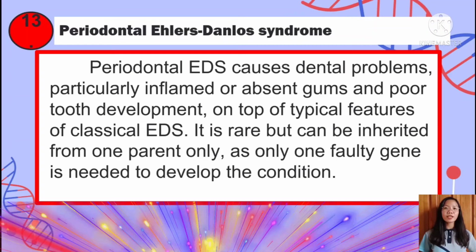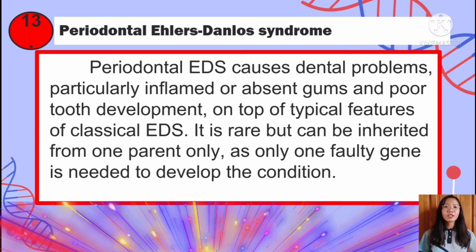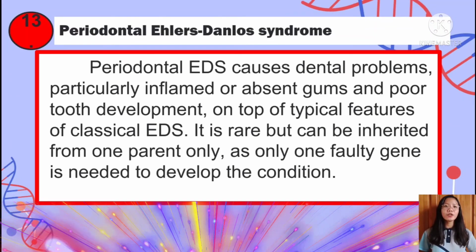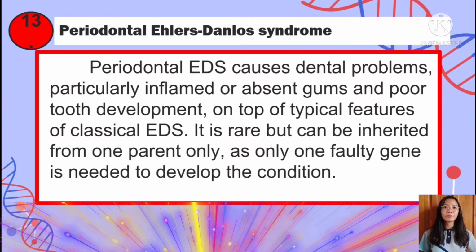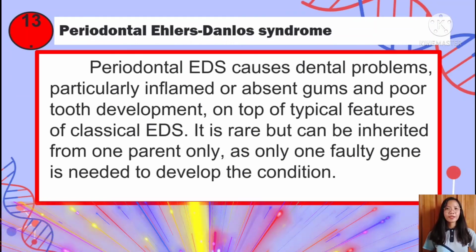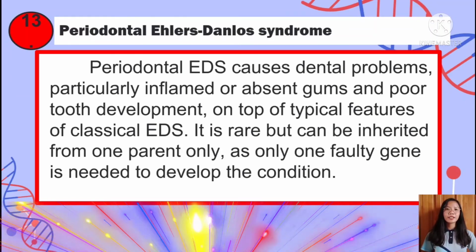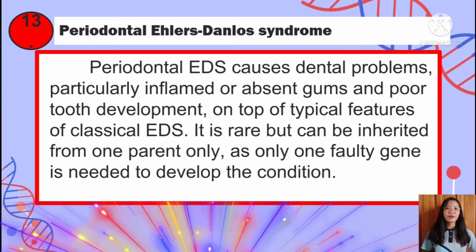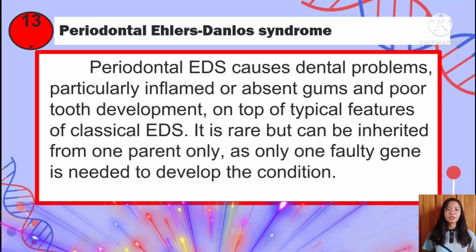Thirteenth is the periodontal Ehlers-Danlos Syndrome. It causes dental problems, particularly inflamed or absent gums, and poor tooth development, on top of typical features of classical EDS. It is a very rare type but can be inherited from one parent only, as only one faulty gene is needed to develop the condition.